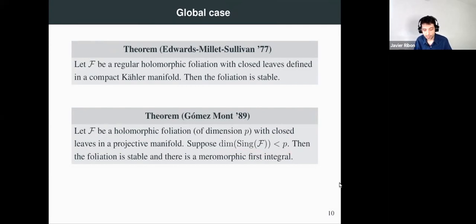But it's not just that, it admits a non-trivial meromorphic first integral, meaning not a constant. So we have these positive results for the global case. Here, Kähler manifolds, in which we have stability, and here, projective manifolds, in which with this condition we have stability and the existence of a meromorphic first integral.